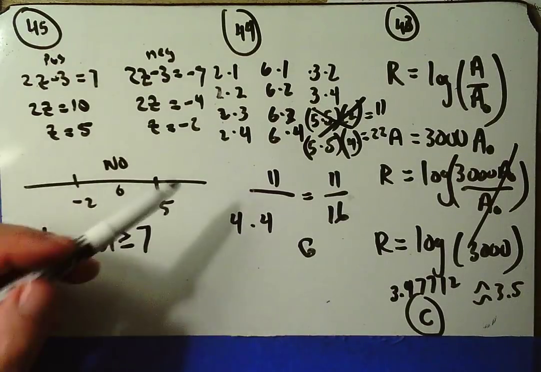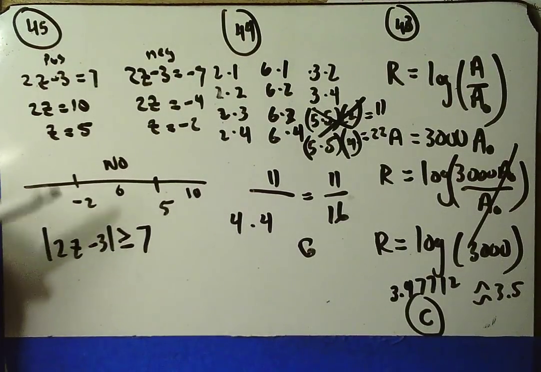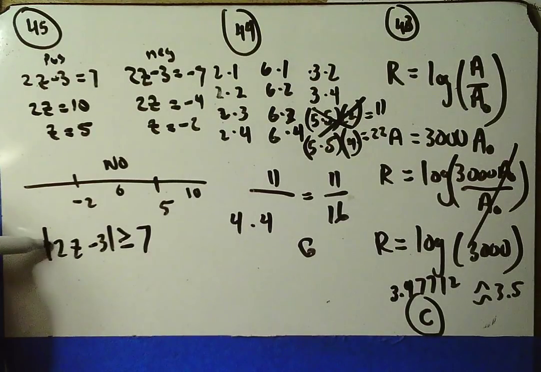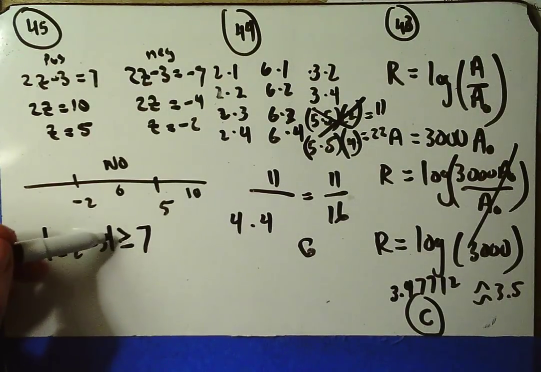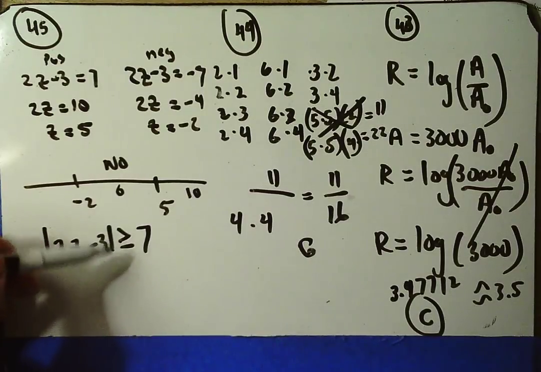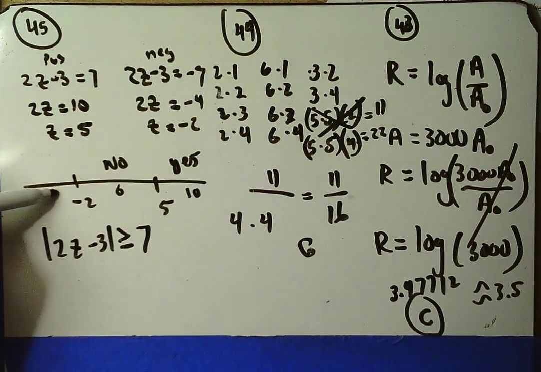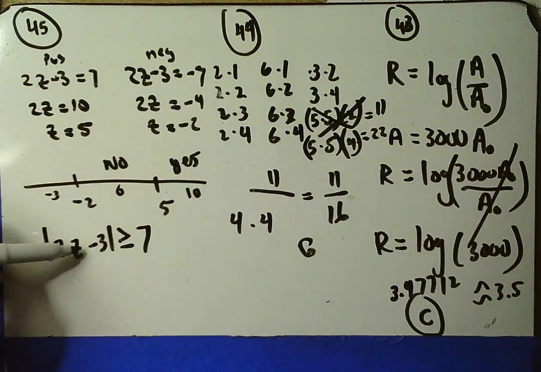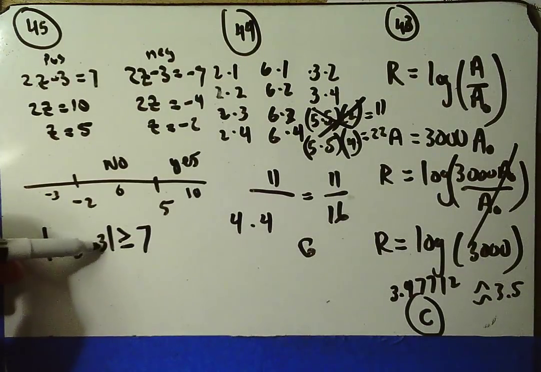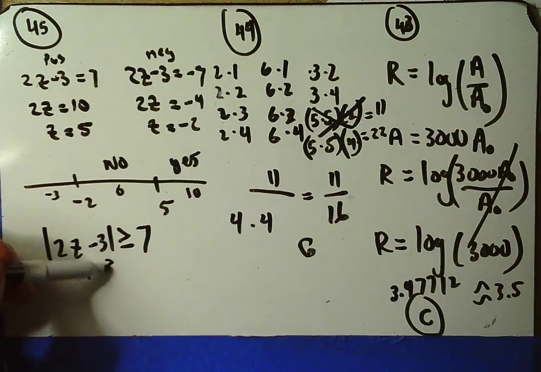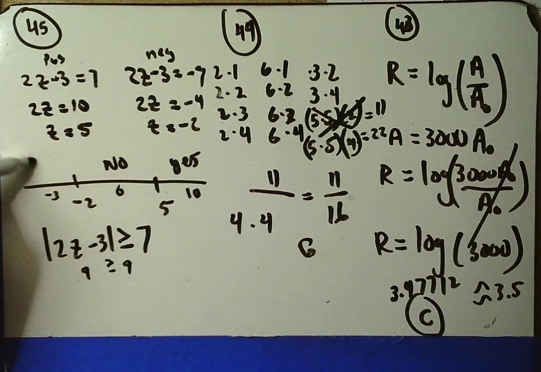Nope. But if I put in a number over here like 10, 2 times 10 is 20, minus 3 is 17. The absolute value of 17 is 17. Is that greater than or equal to 7? Yes. And if I try something over here like negative 3, I'll have negative 6, minus 3 is negative 9, but the absolute value of negative 9 is 9, and that is greater than or equal to 7.